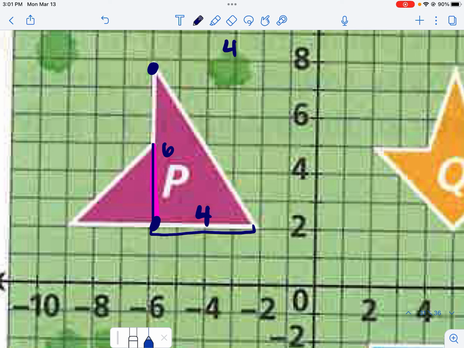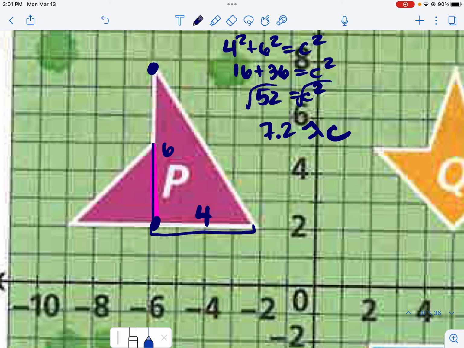So 4 squared plus 6 squared equals c squared. So that's 16 plus 36 equals c squared. So that's 52 is equal to c squared. So take the square root of that and get approximately 7.2.